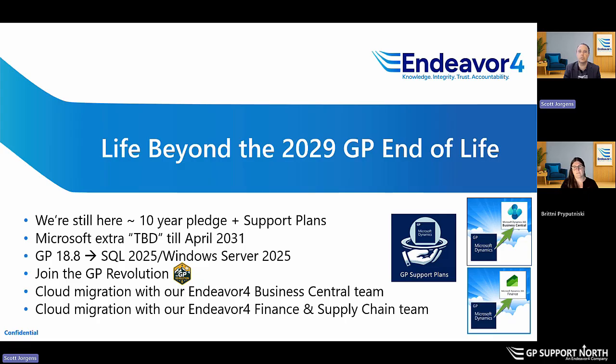Moving GP to large enterprise or moving GP to comparable mid-market with Business Central are both viable options, as well as staying on Dynamics GP as long as you can. And that's all based on your perception of risk and our advice around the risks of those, and you making those decisions for if and when you're ready.